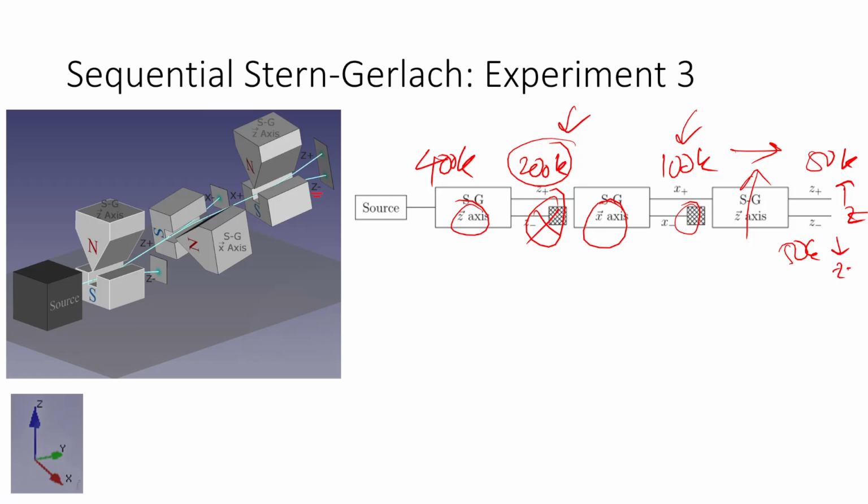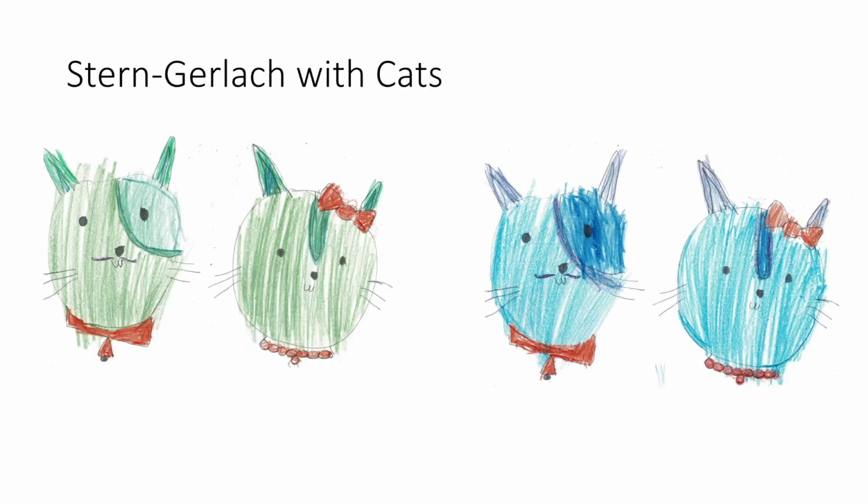And to drive home this point, if you think this is not surprising, let's do a simple experiment. Let's do the same experiment with cats, or with classical particles, and see why this is really surprising. So now we have set up a Stern-Gerlach device into which we'll send some cats. These cats have two orthogonal features, say z or x.